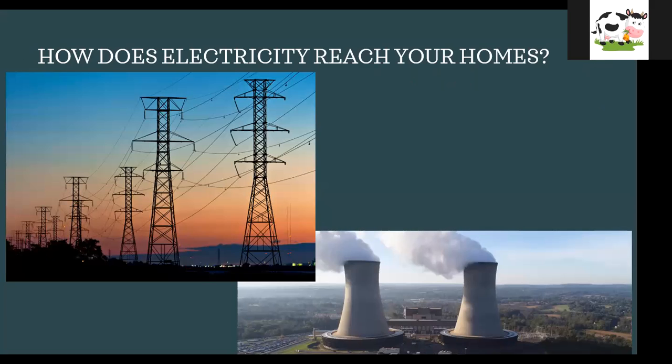All right, we'll start off with how do you think electricity comes to your homes? I think they basically make the energy using nuclear power or some other source, and they transfer it through wires.